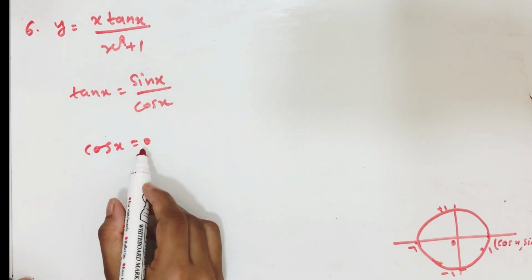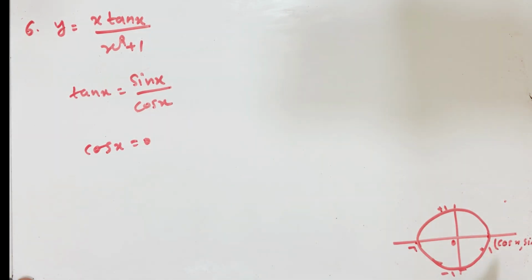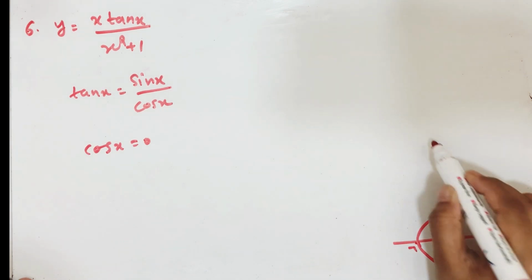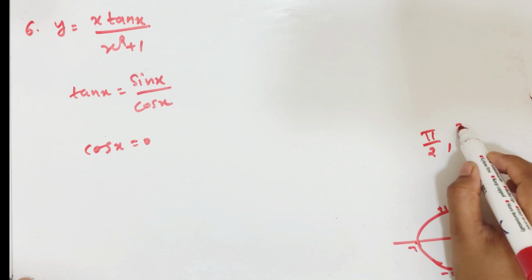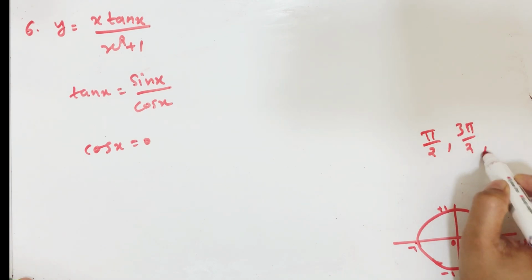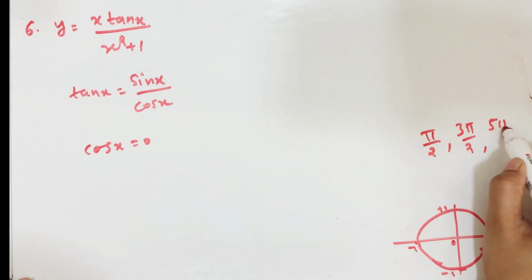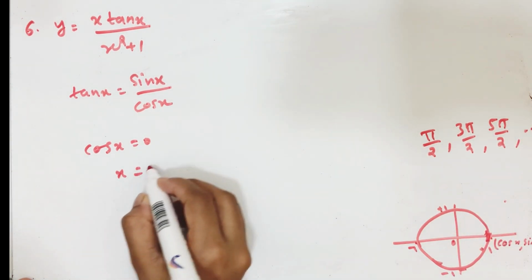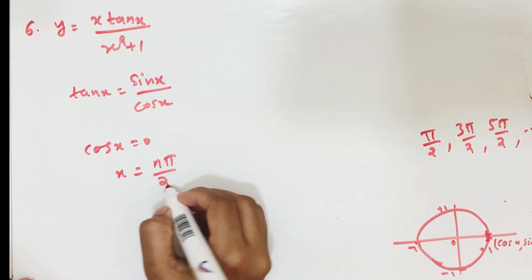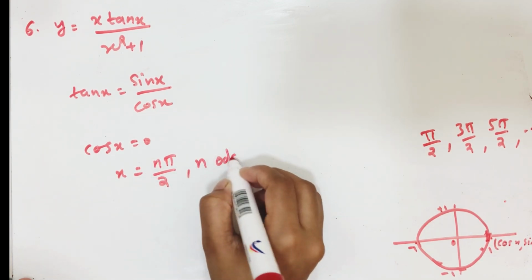Cos x is equal to 0 when the x coordinate is 0. Here the x coordinate is 0 at the angle pi by 2, 3 pi by 2, again 5 pi by 2, etc. That is x is equal to n pi by 2 for n an odd integer.